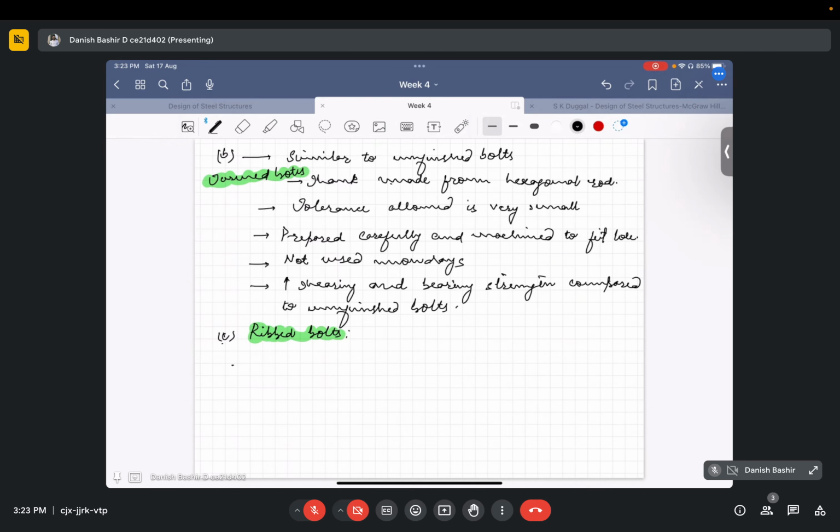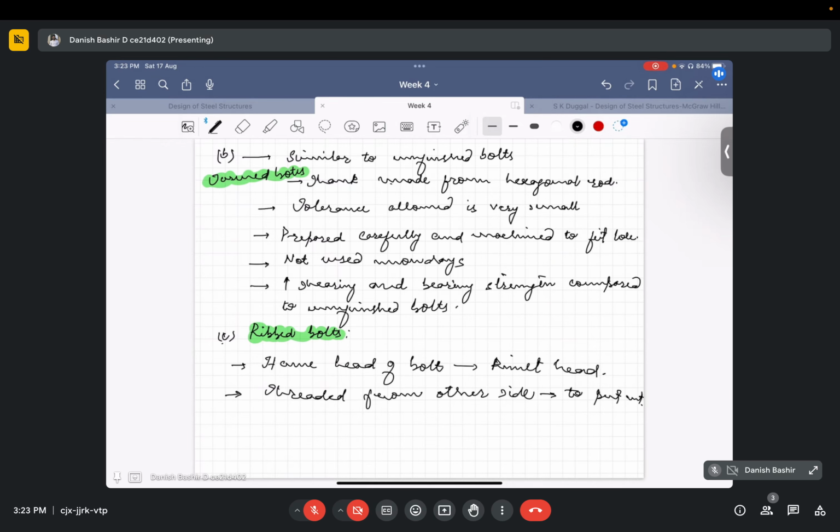So I will write here: rivet bolts have the head of the bolt like a rivet head, and threaded from the other side to put the nut.